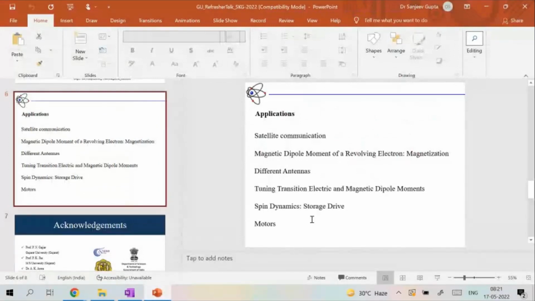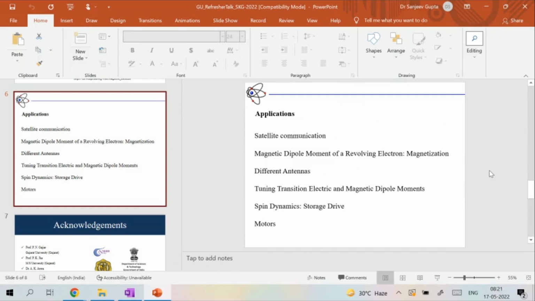You can look for bigger cases, like using this concept for satellite communication, a very vast area, because nowadays ISRO, DRDO, NASA and many other funded projects are coming out where satellite communication is very important, where the fundamental aspect is to calculate the total power radiation and to understand the electric and magnetic dipole moment.